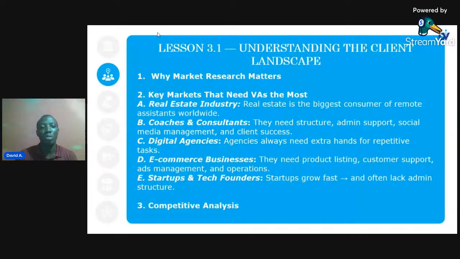Number four, e-commerce business. E-commerce came into limelight as a result of Alibaba, the Amazon, and the thing about this kind of business is that they need remote professionals, especially e-commerce businesses like those on Shopify, the drop shippers, the wholesalers, the online sellers.